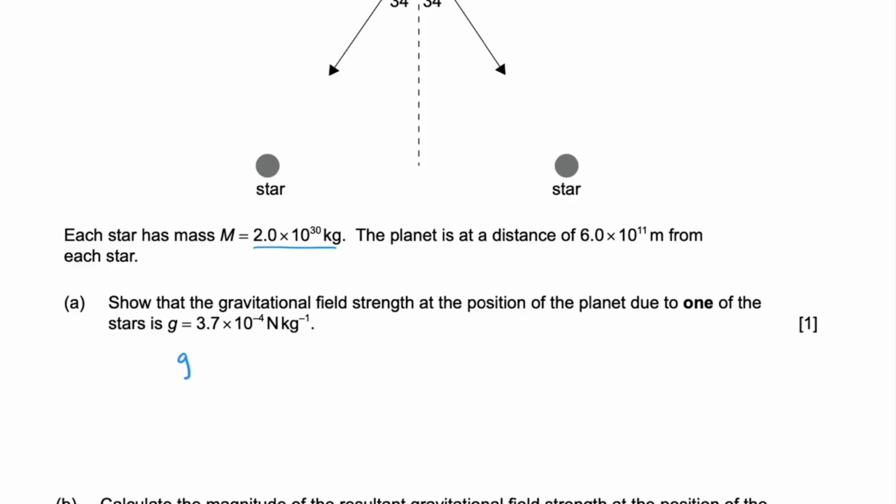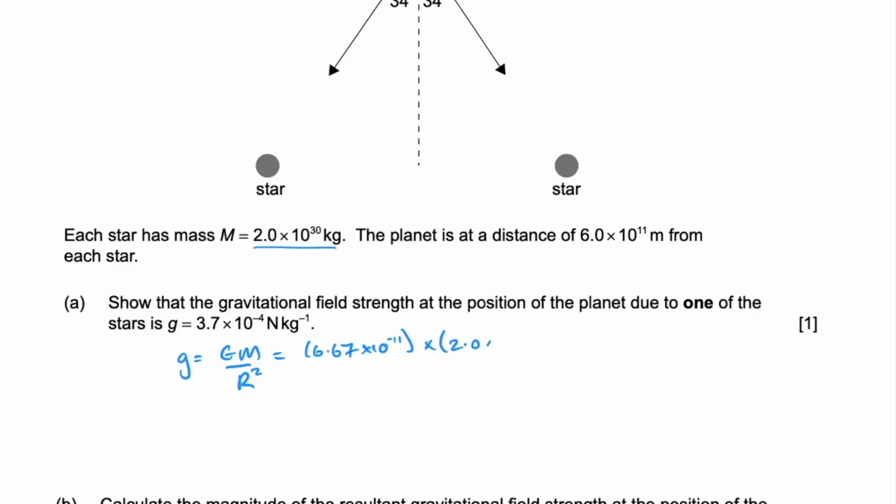So a very simple question for us. Small g, which is gravitational field strength, equals big G, which is Newton's gravitational constant, times the mass of the star, divided by the distance squared. Newton's gravitational constant is 6.67 times 10 to the minus 11.